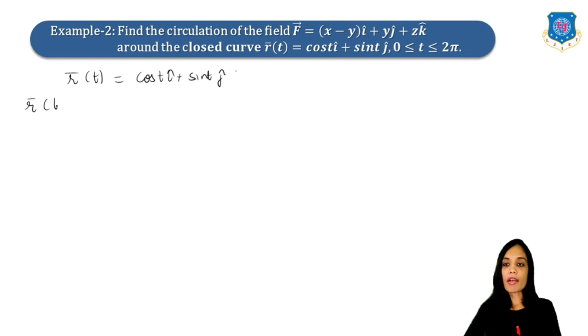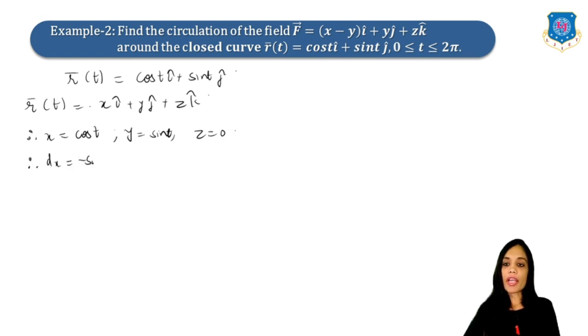Compare this with r bar of t = x i cap + y j cap + z k cap. From this you can see that your x is cos t, y is sin t, and z is 0. Therefore, dx will be minus sin t dt, right? dy will be cos t dt, and z will be equal to 0.